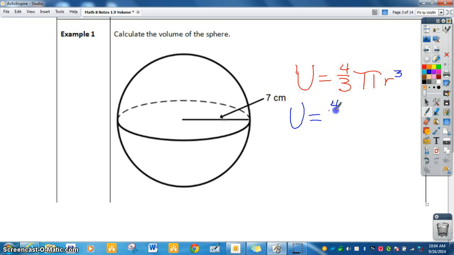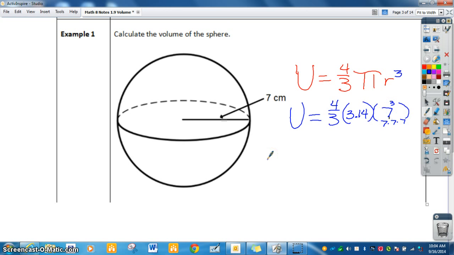So fill in. Volume equals 4/3 times 3.14. And now what is our radius? 7. So that's 7 cubed, which means 7 times 7 times 7.